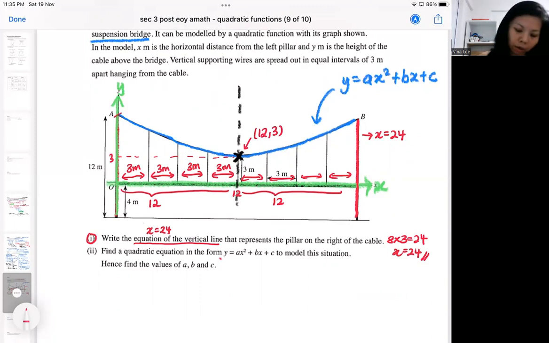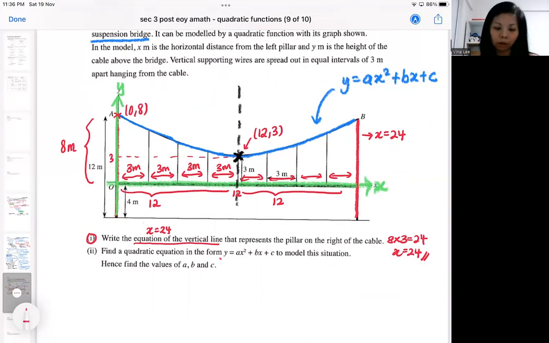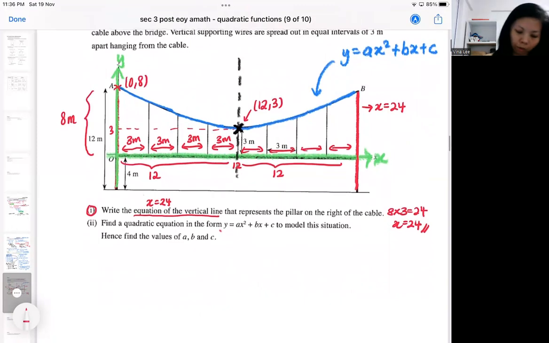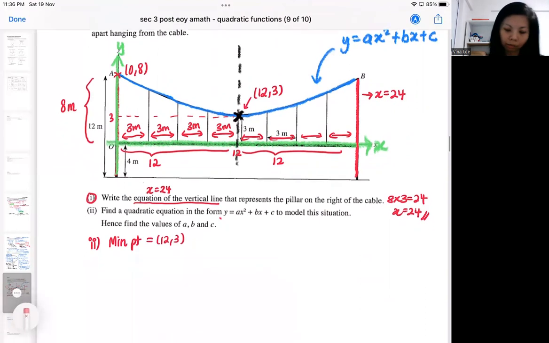And then I also have a y-intercept. If you observe carefully, this part is 8 units, 8 meters. So the y-intercept will be (0, 8). With these 2 points, I can use them in a complete square format. So the method will be like this. We know that the minimum point is (12, 3), so I'll translate back to my complete square.